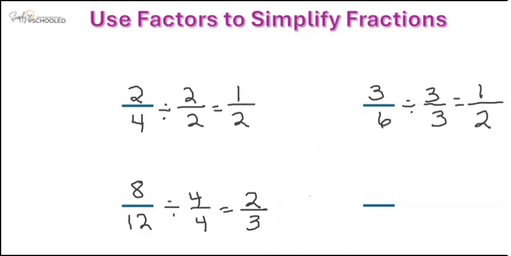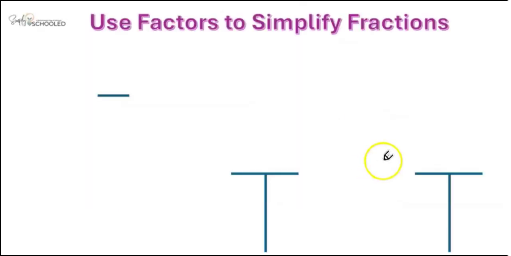So, all right, I'm going to move on because I think you got that. And we are going to show you what to do if it's a large one and you don't know what the factors are. So let's say we have 50 over, let's say, 86.